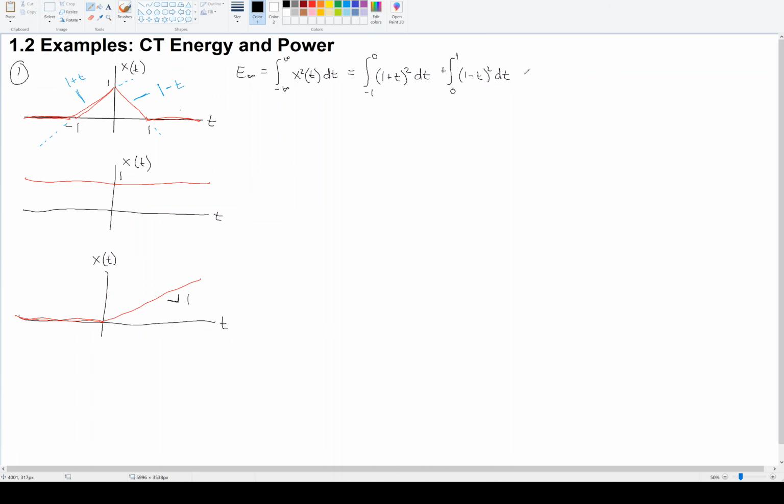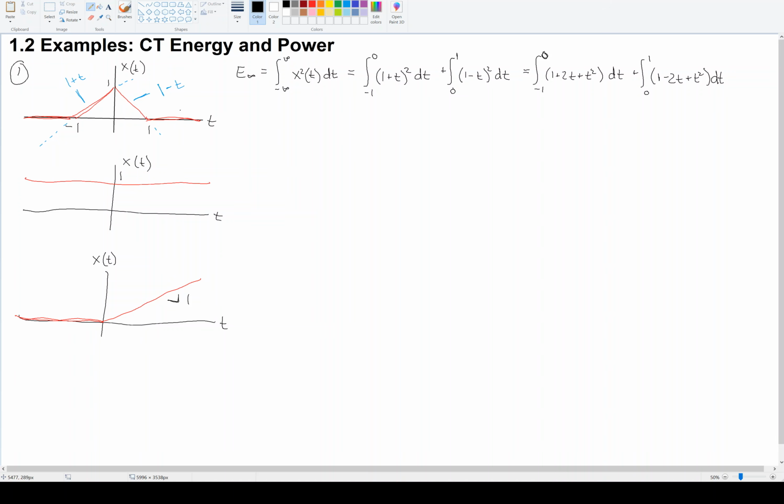Okay, so now we can work that out. I can expand the (1 plus t) squared, which gives me 1 plus 2t plus t squared. The next integral gives me 1 minus 2t plus t squared dt.